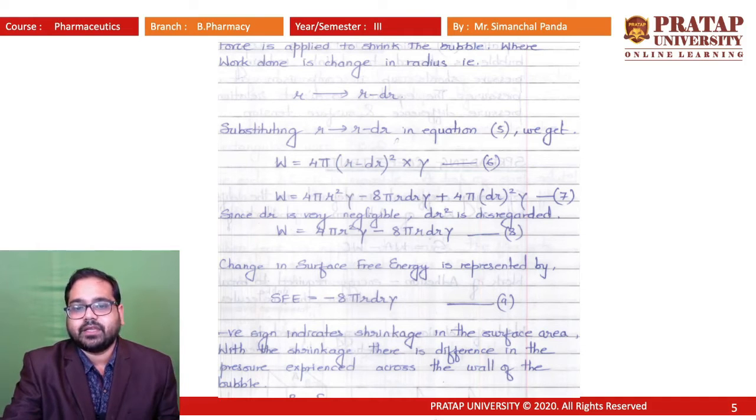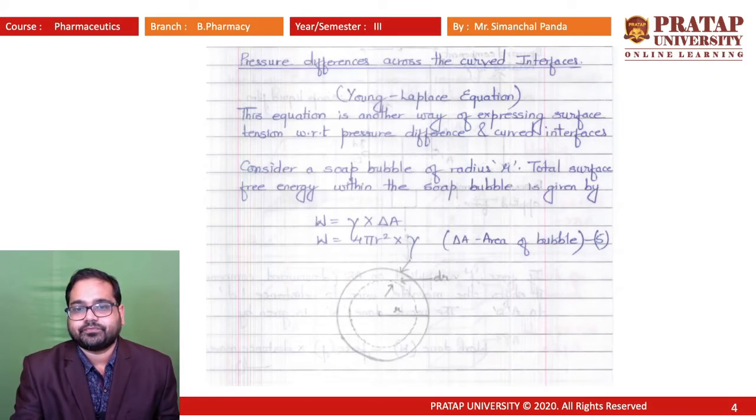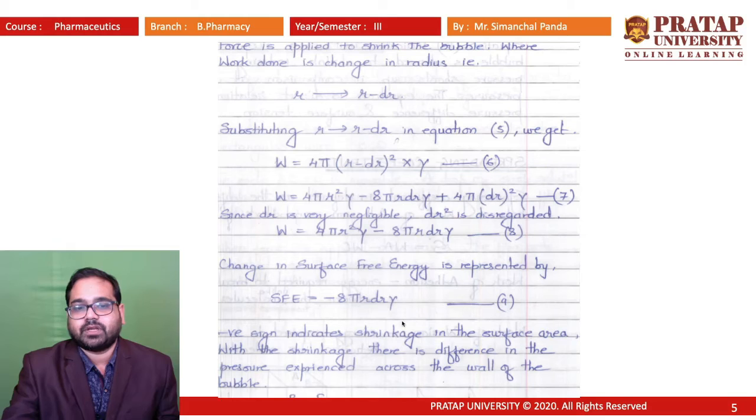The negative sign indicates shrinkage in the surface area. With shrinkage, there is a difference in pressure experienced across the wall of the bubble. Previously it had a larger radius, and due to this pressure it shrinks, so the negative sign shows the surface area decreasing. The surface free energy change for the bubble can be written as minus 8 pi r dr gamma.